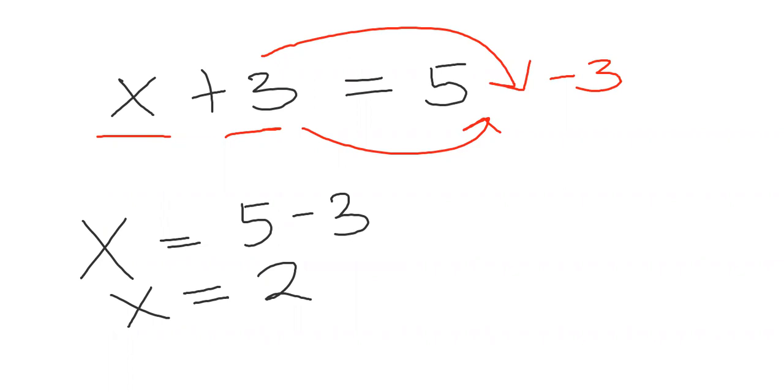Then I'll do another example, example number 2. Let's say we have y minus 2 is equals to 4. The question says solve y minus 2 is equals to 4. What that means is you are finding the value of y. How much is the value of your y?